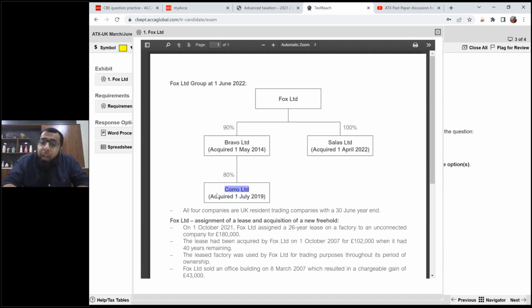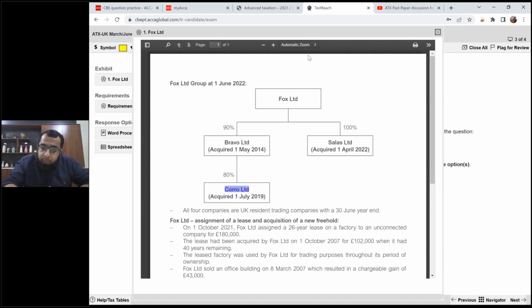But it will not be part of the 75% group, because in a 75% group, indirect ownership should be at least 75. I will repeat it again. For a 75% group, direct and indirect both must be 75. For a capital gains group, direct should be 75 and indirect should be 50.